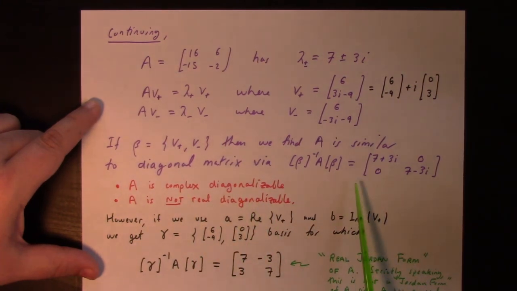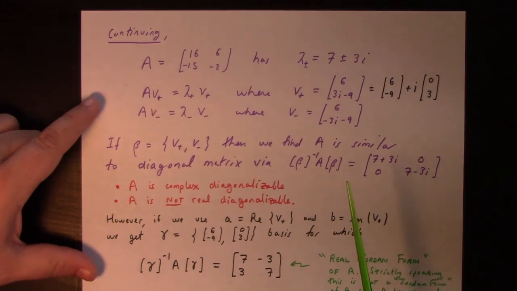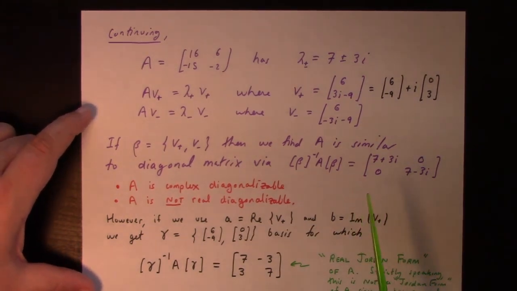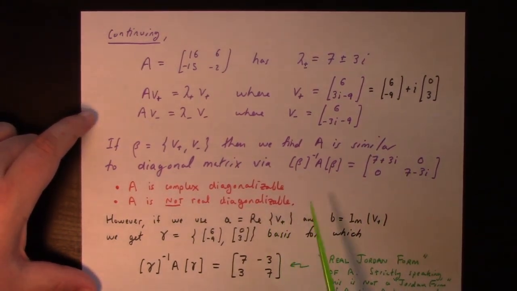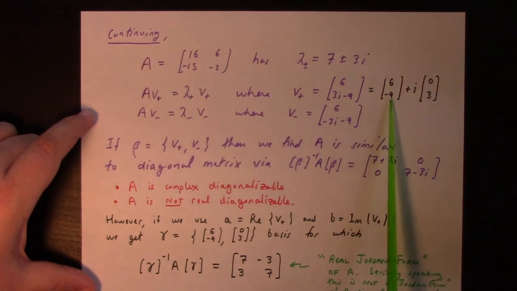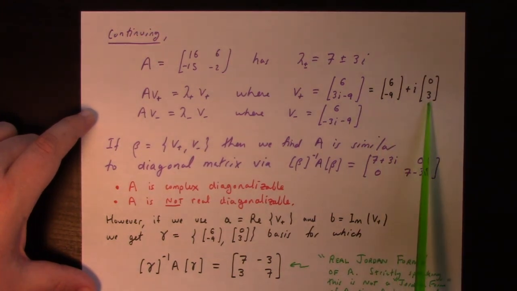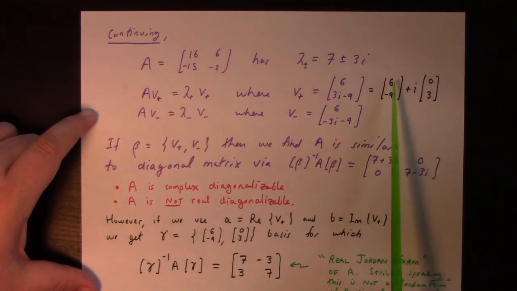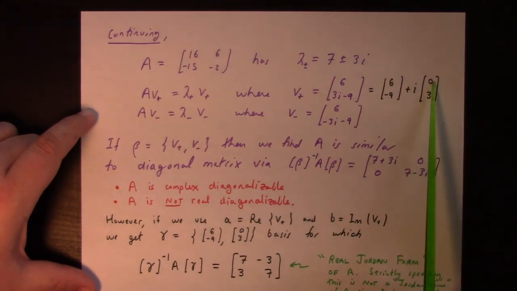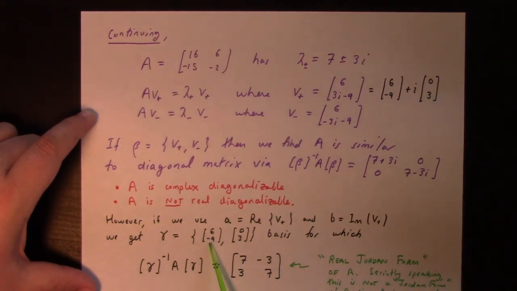However, we can say something real about this. It is what's called the real Jordan form. What you can do is take the real part of the complex eigenvector and the imaginary part of the complex eigenvector, which here are (6, minus 9) for the real part and (0, 3) for the imaginary part. Those are two-dimensional real vectors.